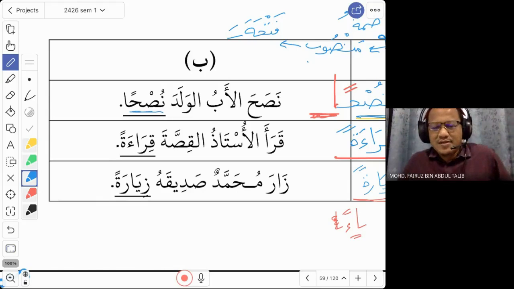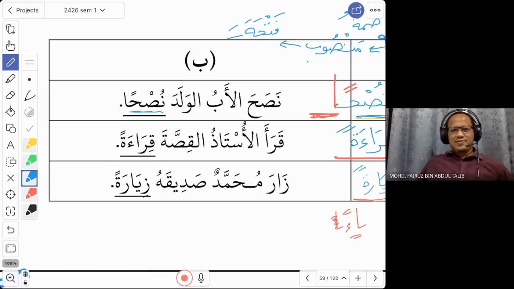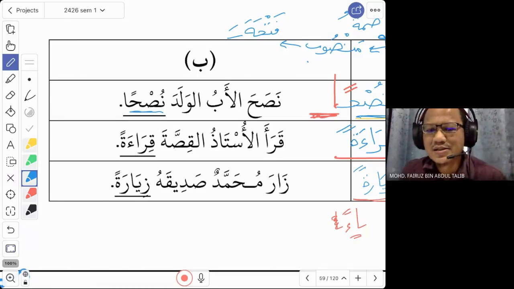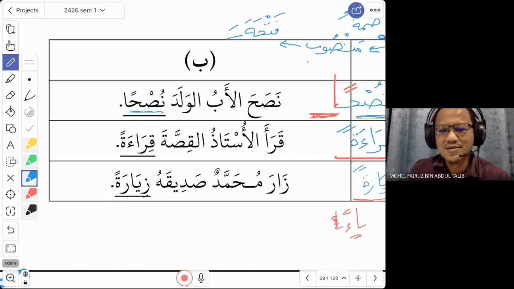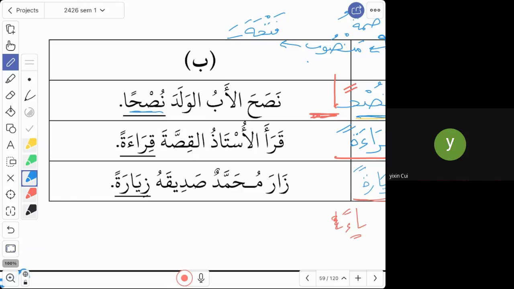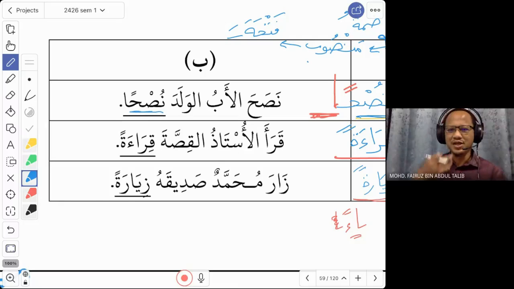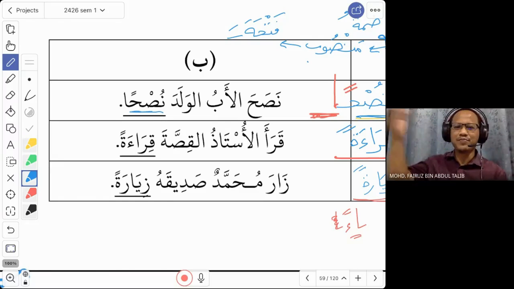What do you call it? Have you heard this word? Jahar. Yes, jahar means you read it where other people will hear you. Jahar, you read it out loud.